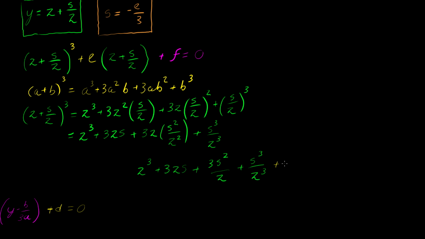So we're going to have our plus e, sorry, not ey. We're going to multiply this e out. So we're going to get ez plus es over z. And then we're just going to have the plus f is equal to 0.